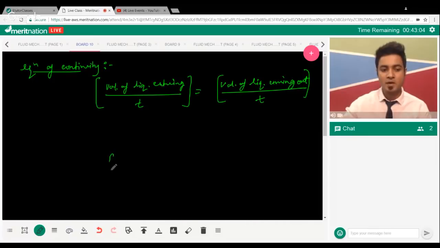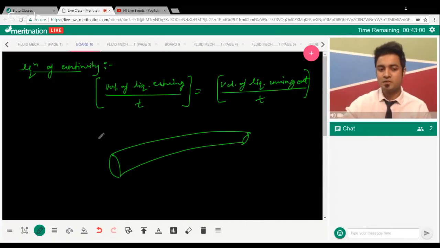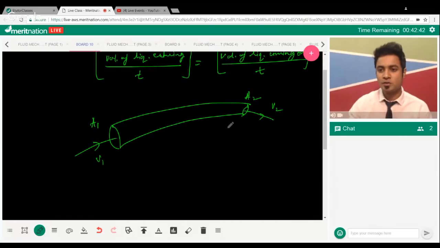So if I have a pipe which has different areas at both ends, suppose the area here is a1 and the area here is a2, and the velocity of the liquid entering the pipe is v1 and the velocity with which the liquid is coming out is v2. According to the equation of continuity, the product a1 v1 has to be equal to a2 v2.